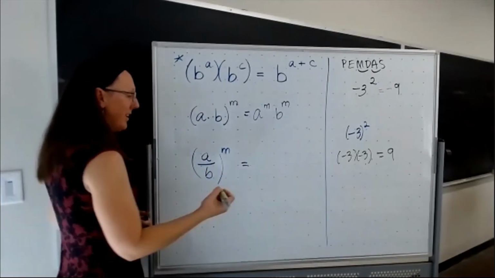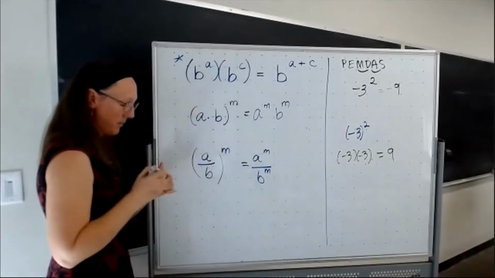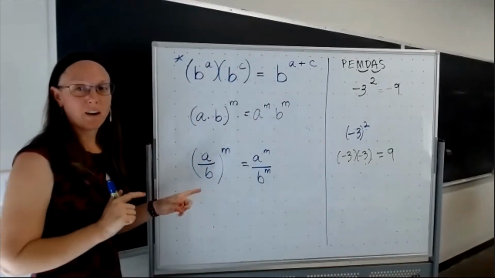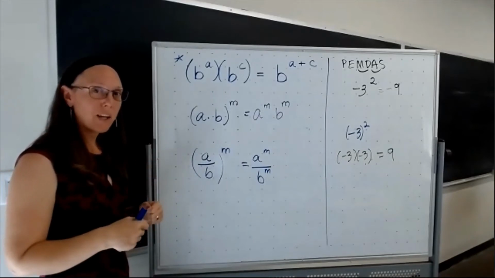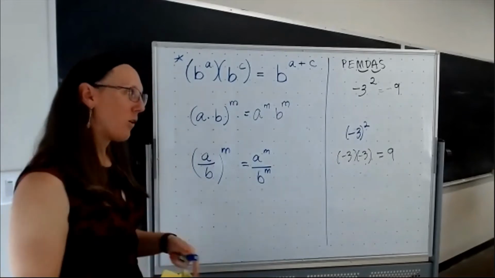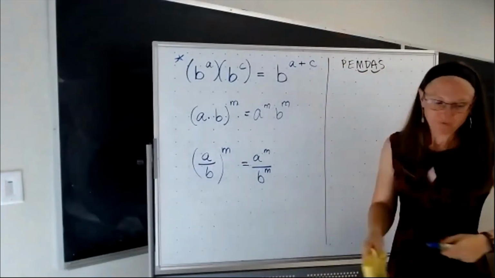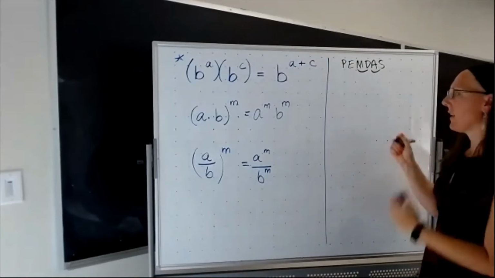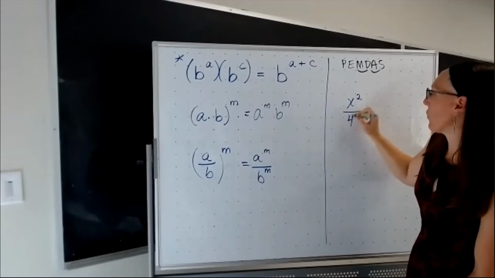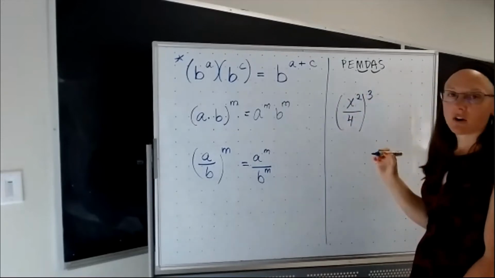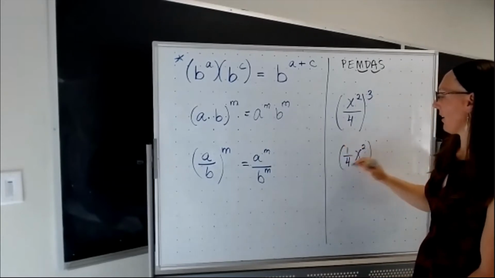This is the same as a raised to the m divided by b raised to the m. Now, I would say the place where this same distributive property trips students up when they're working through calculus problems is if we had something like x squared over 4 to the third, or 1/4 x squared cubed.